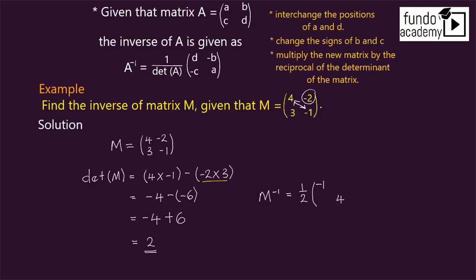And for -2, it changes sign and becomes +2, and for 3, it changes sign and becomes -3, and this becomes the solution. We now have the inverse of our matrix M.